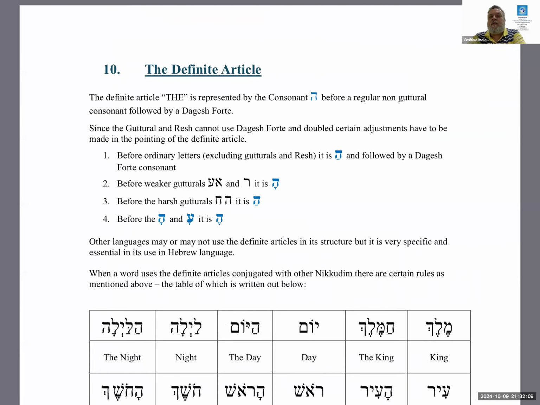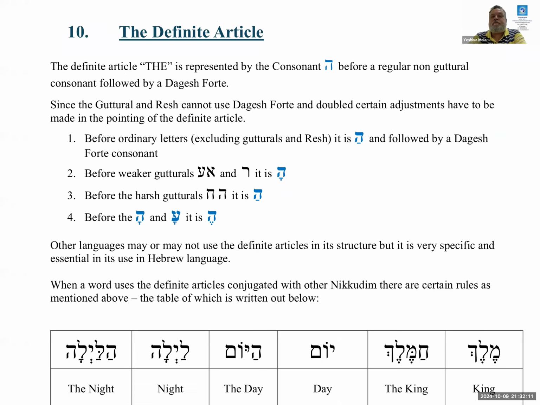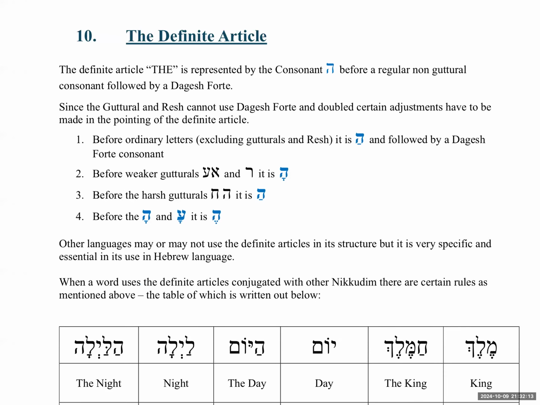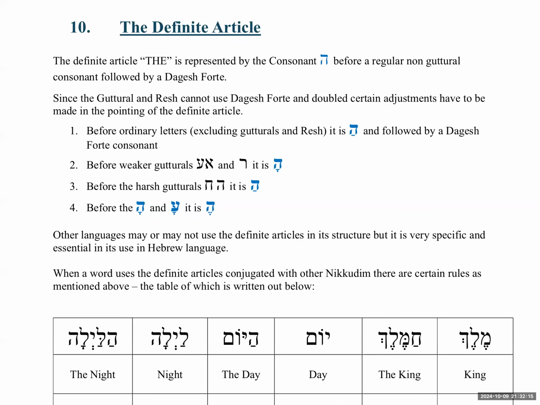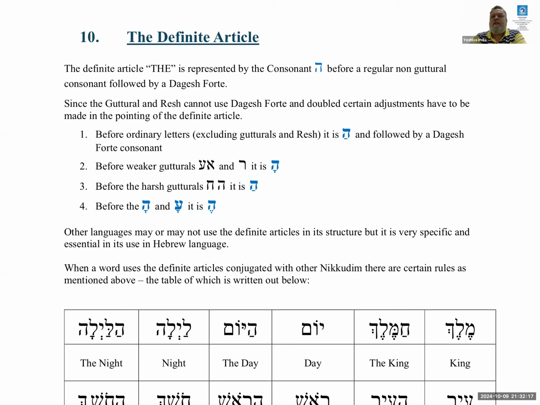Definite article. We study the definite article, right? Did we do the definite article? Let's do it. The definite article is represented by the consonant he before a regular non-guttural consonant followed by a dagesh forte. Since the guttural and resh cannot use dagesh forte, certain adjustments have to be made in pointing of the definite article.